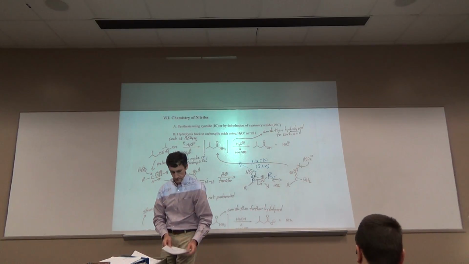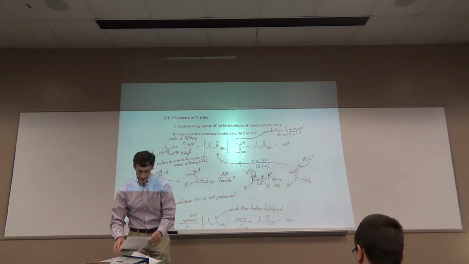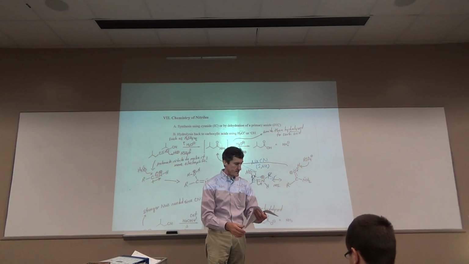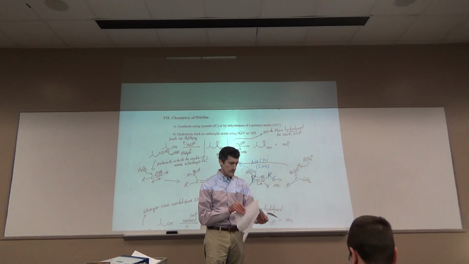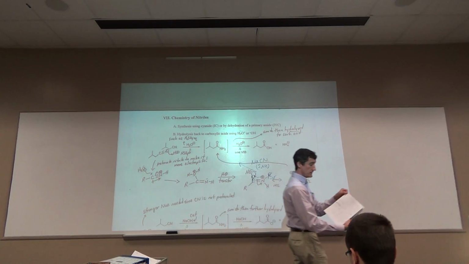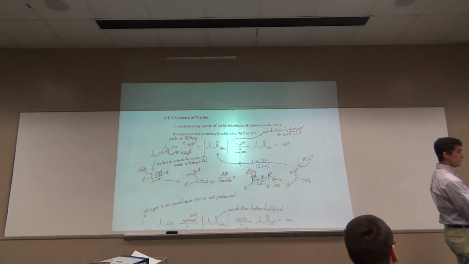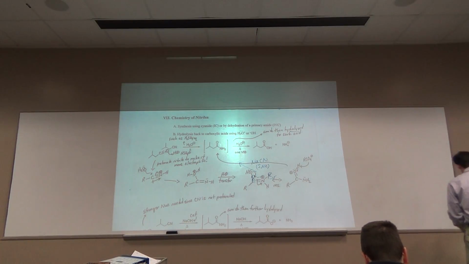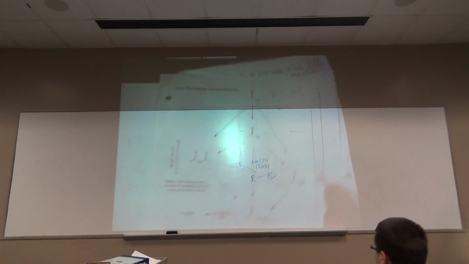Which handout is that in? Chemistry of acid derivatives. General concept, the one with the chart or the diagram where I fill in all the lines. That one there, right?